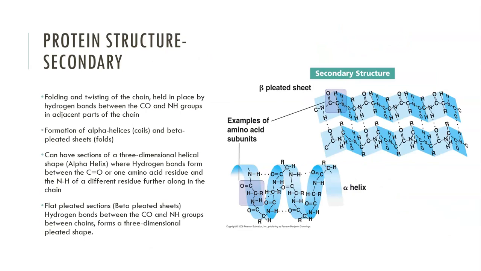The secondary structure of a protein is where we see folding and twisting of that single peptide chain. Okay, so it is a single polypeptide chain. So these are essentially that chain twisting and folding to form these secondary structures.